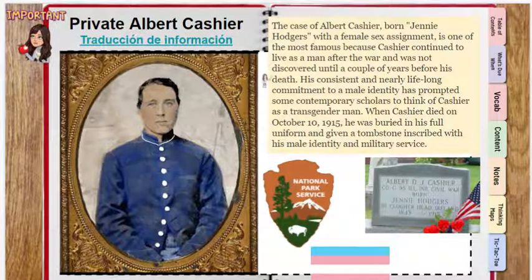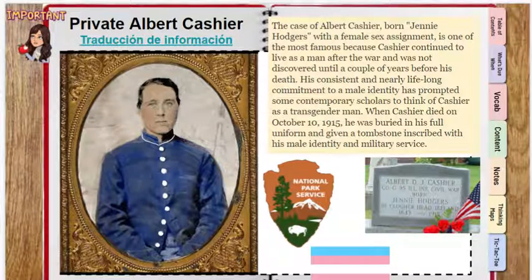Then we wanted to highlight the story of Private Albert Cashier. Private Albert Cashier was born Jenny Hodgers with a female sex assignment, and contemporaries identify Cashier as a transgender man because he lived as a man for the rest of his life after the Civil War and for a short period of time before the Civil War as well.